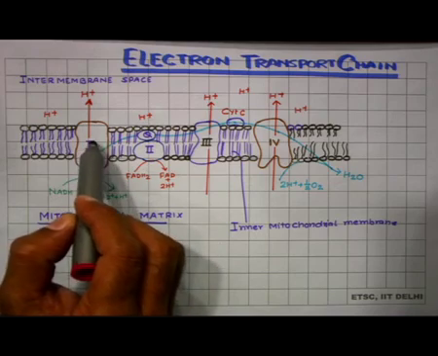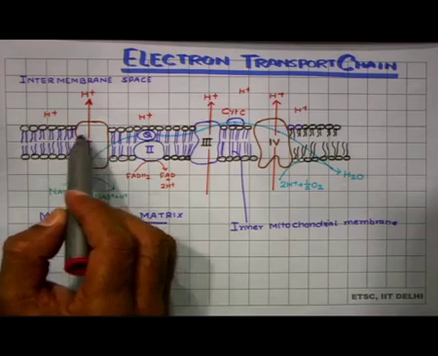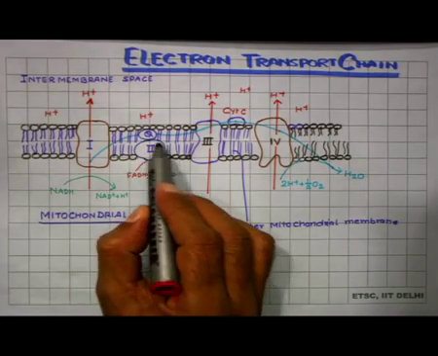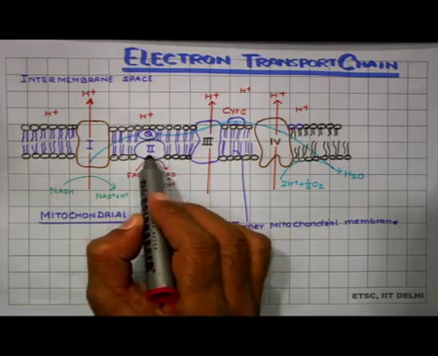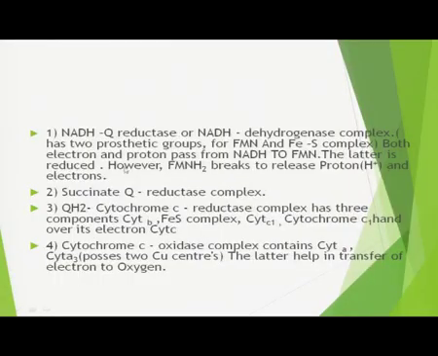It is made by FMN and FeS complex and transfers the electron from one complex to the second complex. Now, the second complex of the electron transport chain is called succinate Q reductase complex.